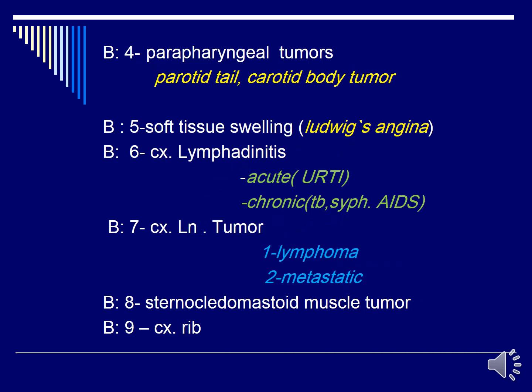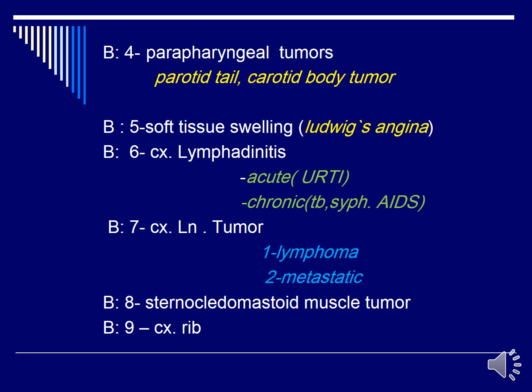Parapharyngeal tumors, including parotid tail and carotid body tumor, are also in the lateral group. Then congenital, inflammatory, neoplastic. Fourth is the parapharyngeal tumor in the parapharyngeal space, and soft tissue swelling, usually in the midline and extending laterally, sometimes starting from the lateral and extending to the other side.